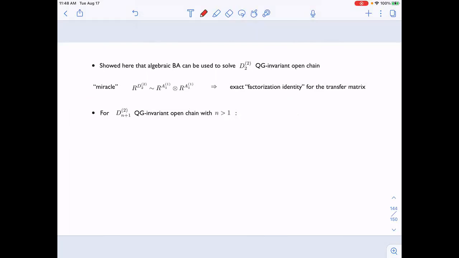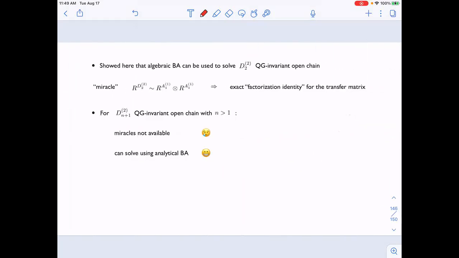But this was the case of D22. How about the higher twisted D matrices? What can we say about those when n is bigger than 1? Well, unfortunately, this fantastic miracle is no longer available.